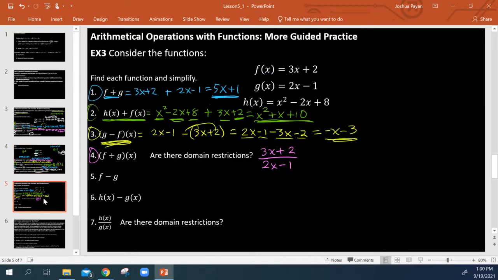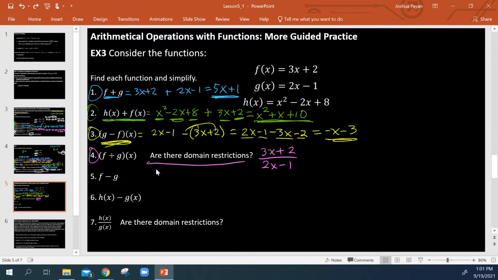Over here on number 4, I can't do that. I don't have any common factor between 3x plus 2 and 2x minus 1. So be careful not to get confused on that. We cannot cancel the 2x's because not all four terms have an x in common. We'll talk about that more later on. You're not going to see anything that crazy.